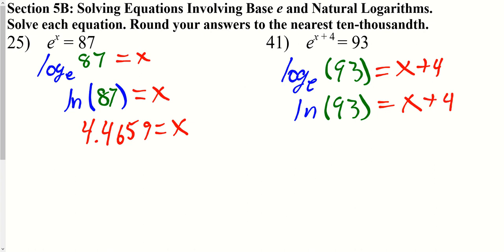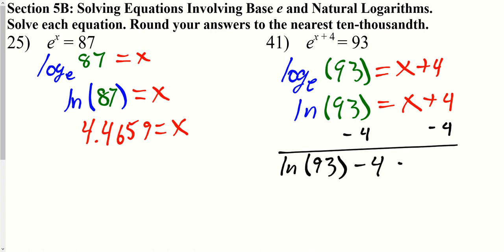So to get x totally by itself, we'd have to go ahead and subtract a 4 from both sides. So we really get natural log of 93 with a minus 4 is equal to x. And that's your calculator ready form, so you can just type it into your calculator just as you see it. Hit your ln button, natural log, then type in 93, close your parenthesis, then minus 4, and you should get 0.5326.